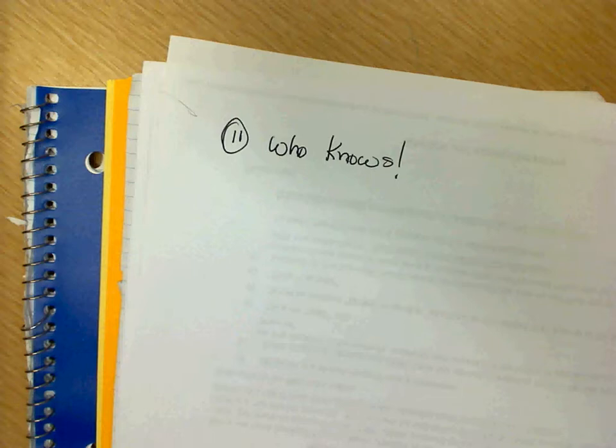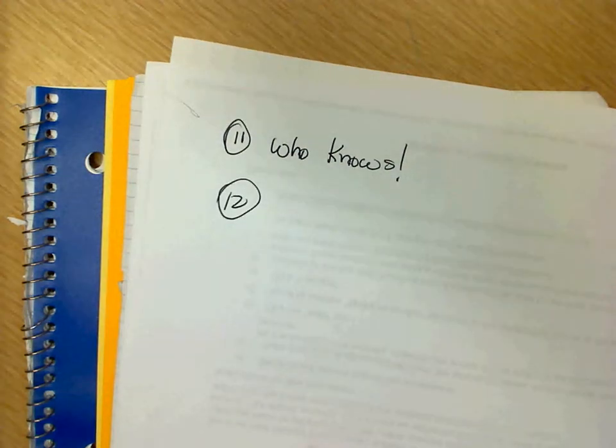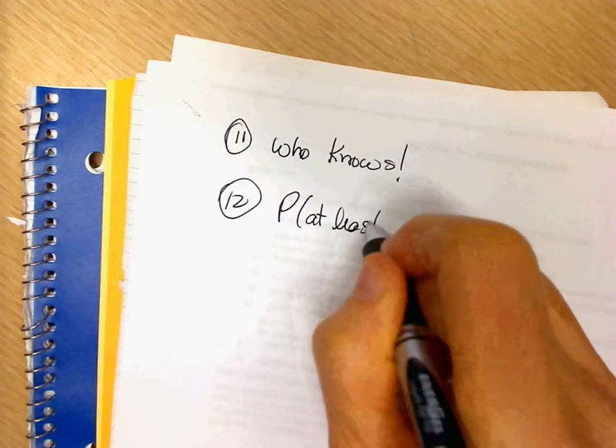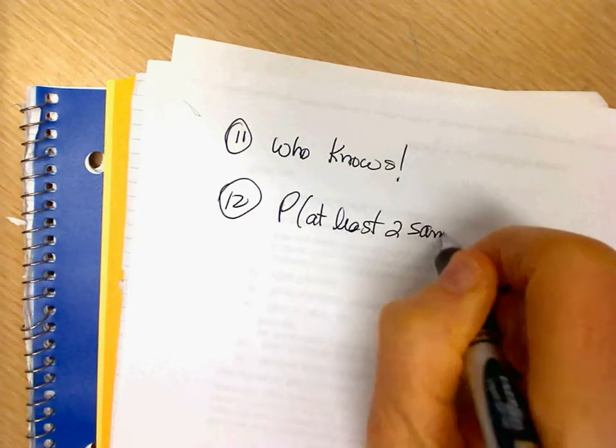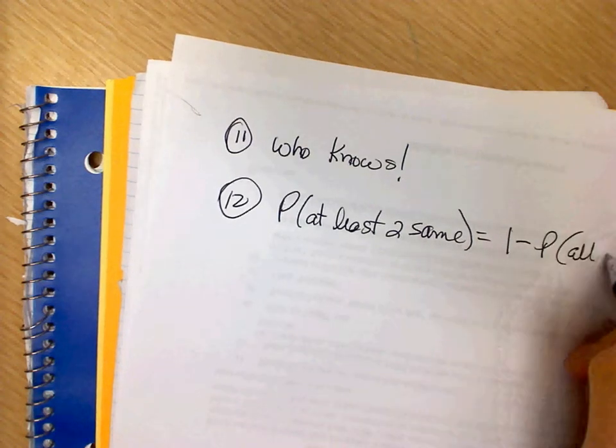12. Mrs. Liu asked her finite class of 32 students to write down a random number from 1 to 100. She is willing to wager spares against extra classes that there will be at least 2 numbers the same. So the probability of at least 2 the same equals 1 minus the probability all different, right?